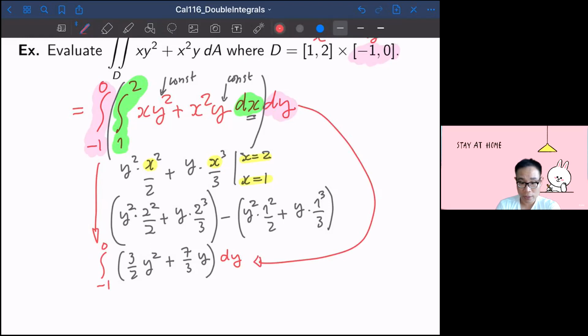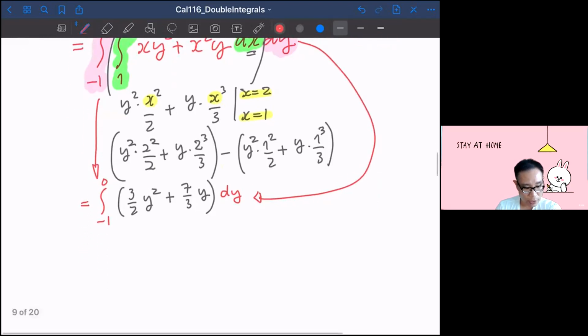So you see I did this one step by step for you. Okay, and you see that it turned out you need to integrate this. So it's going to be 3 half y cubed over 3 plus 7 over 3 y squared over 2 from negative 1 to 0.